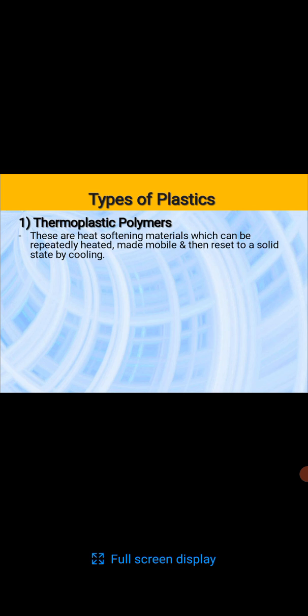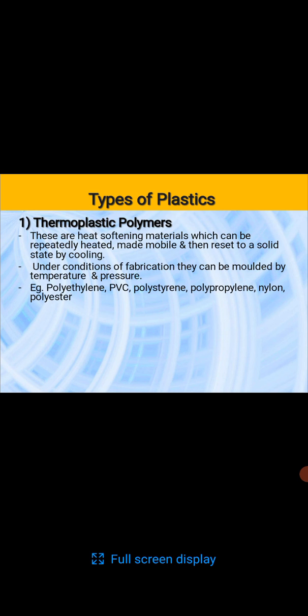That means, guys, they become very soft when exposed to heat, so they soften to make processing easier and they are shaped the way we want. After that they are reset to a solid by cooling. Under conditions of fabrication they can be molded by temperature and pressure. For example, polyethylene, PVC, polystyrene, polypropylene, nylon and polyesters.